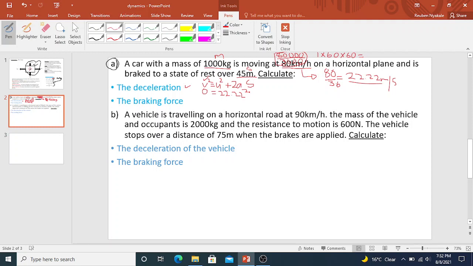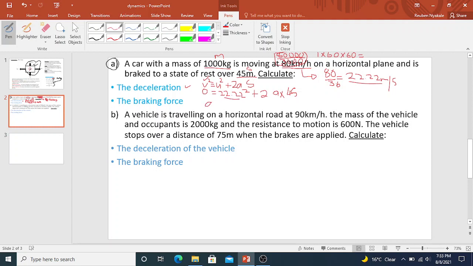squared. Plus, I'm looking for a. Now I need to make a the subject of the formula. Do I have displacement? Yes, I do have. It is 45. Therefore, in making a the subject of the formula, you will transpose this 22.22 squared to the left hand side.